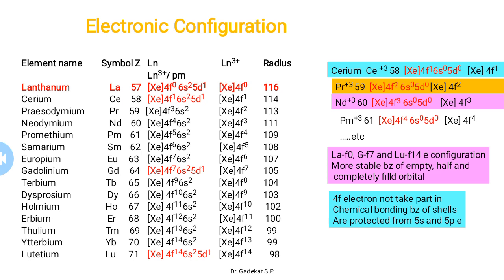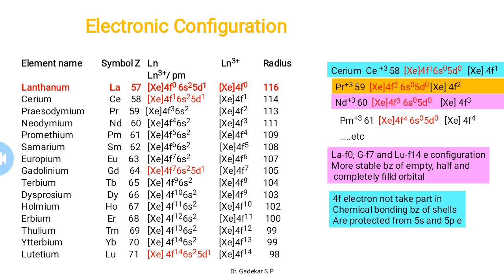Only some properties are similar, such as spectral and magnetic properties, because these depend on unpaired electrons. So this is the major difference in electronic configuration from d block elements.